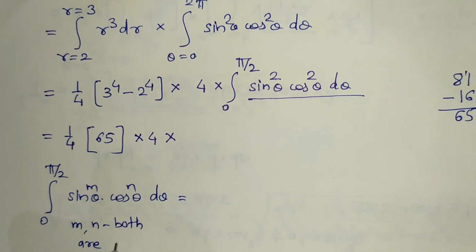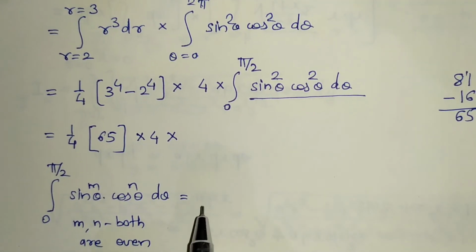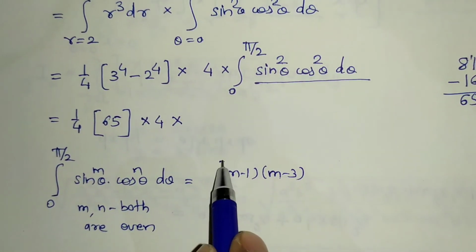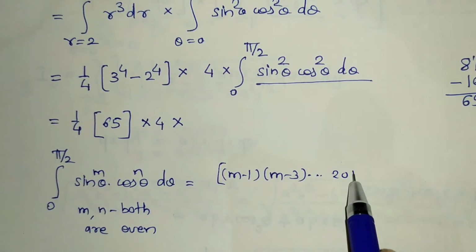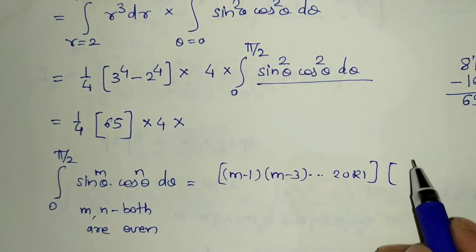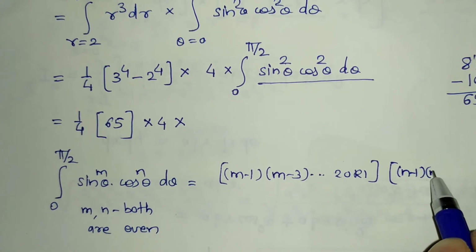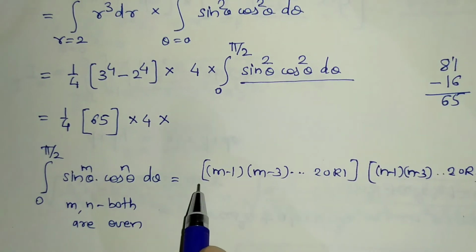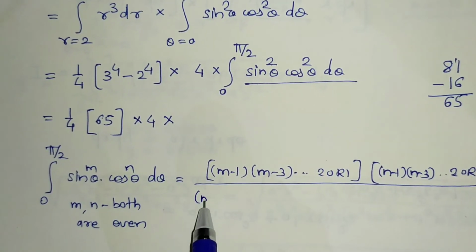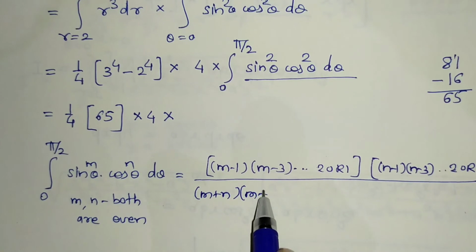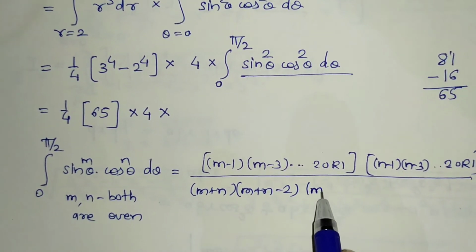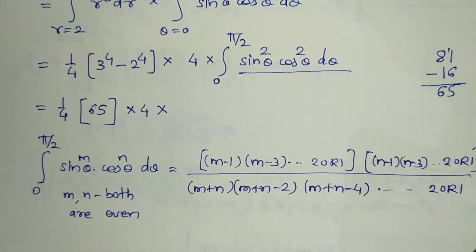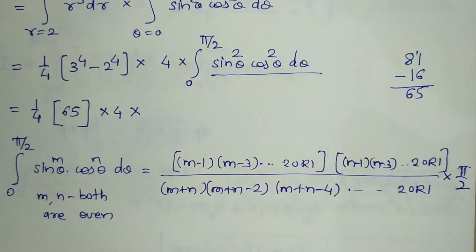The value of this integral is (m minus 1)(m minus 3) continuing up to 2 or 1, into the second bracket (n minus 1)(n minus 3) up to 2 or 1, divided by (m plus n)(m plus n minus 2)(m plus n minus 4), continuing up to 2 or 1, multiplied by pi by 2.